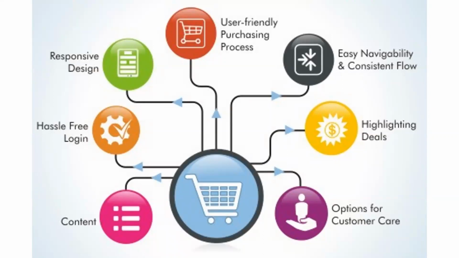In that way, it should be a user-friendly website. That's the first feature. Then easy navigation and consistent flow. You should easily be able to go to previous menus and then next menus. In that way, you should have easy navigation. Then third, highlighting the deals.